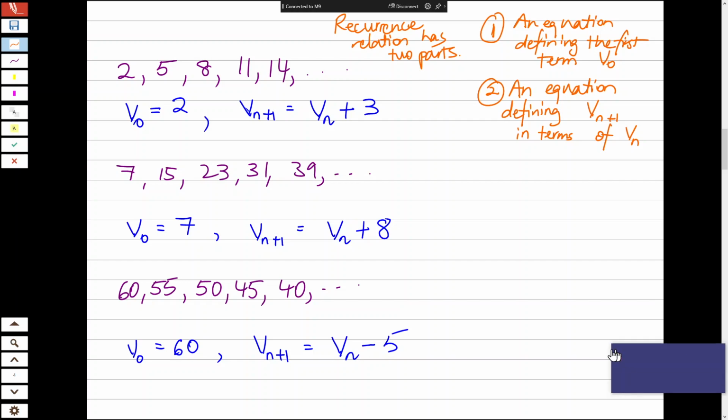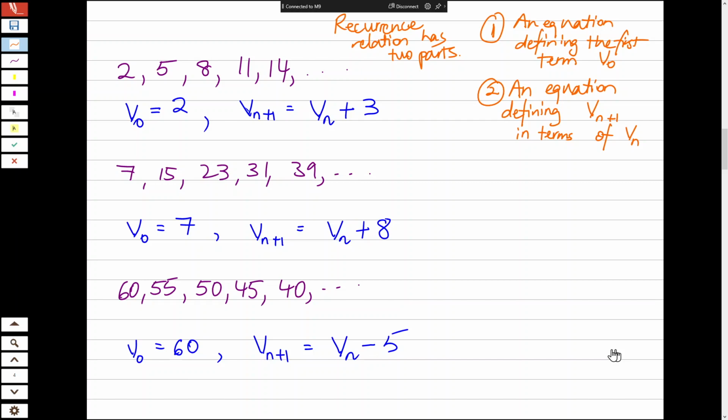They ask, write down a recurrence relation, and a lot of people will just give the second part, because that's the pattern, the part that you're interested in. But you must provide both equations. You must tell me V naught. You must tell me how to get Vn plus 1 from Vn. If you don't do both, you don't have a complete recurrence relation.